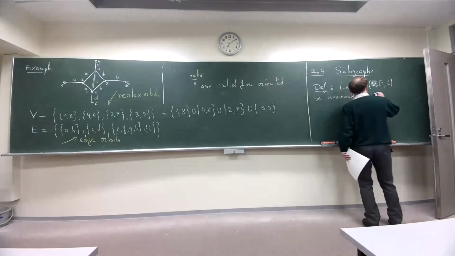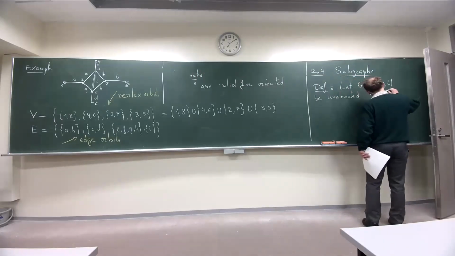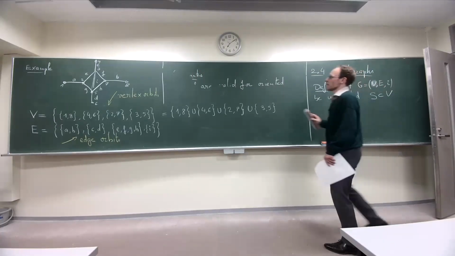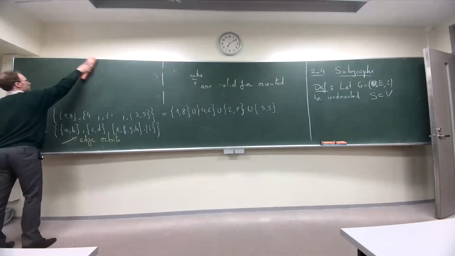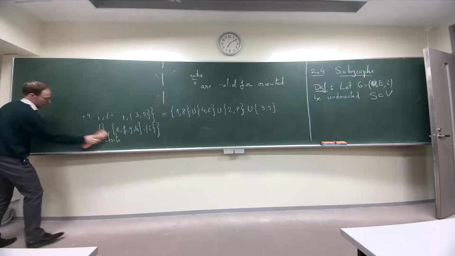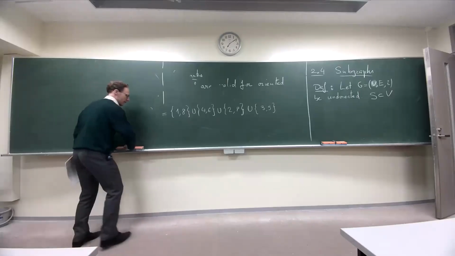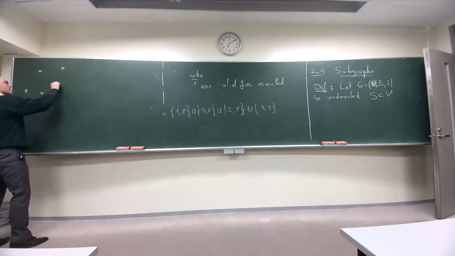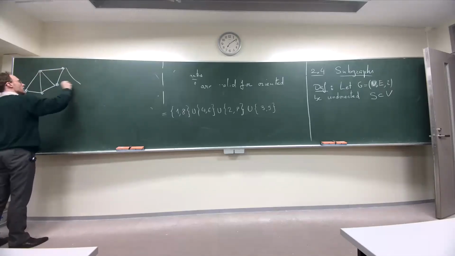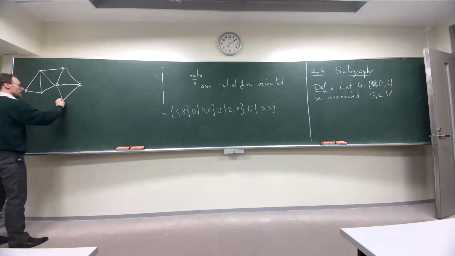Now I take a subset of V. So maybe I start with a picture again. I'm going to take a subset of V. Okay, this is a graph.